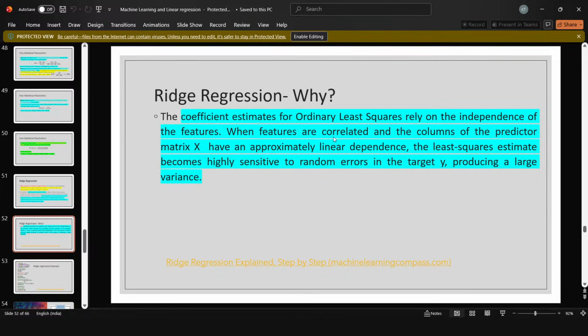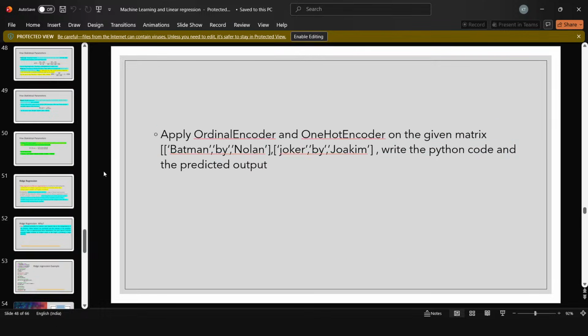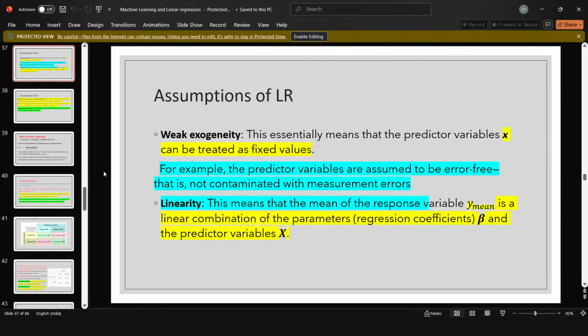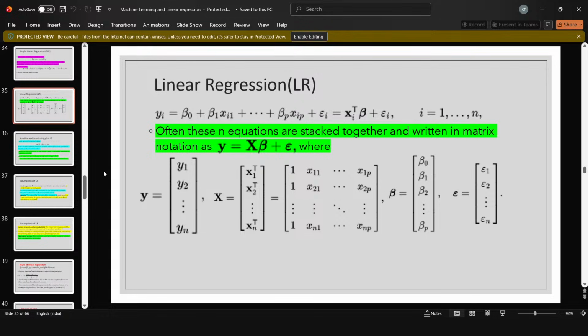So when that happens, the columns of the predictor matrix X, as we saw in simple linear regression, these are the features X. Multiple features are present, so this is the multiple regression model I was speaking about.